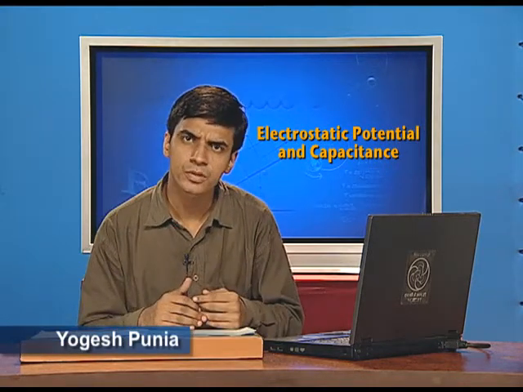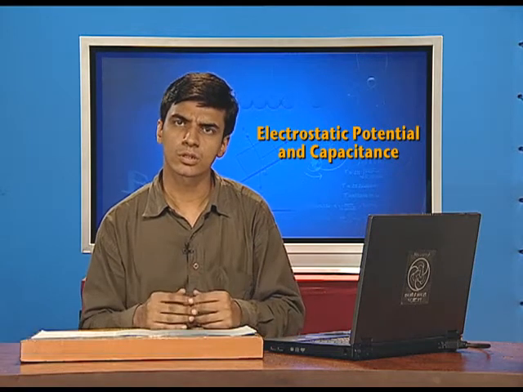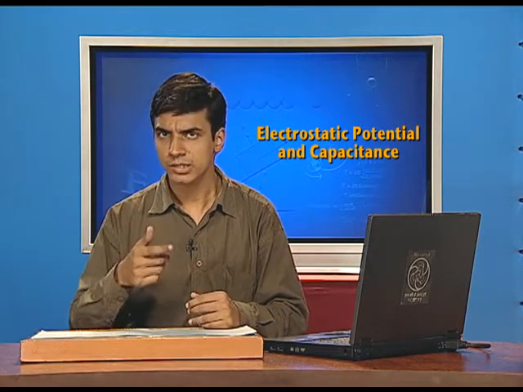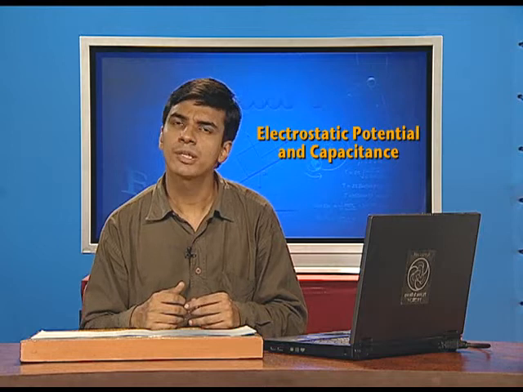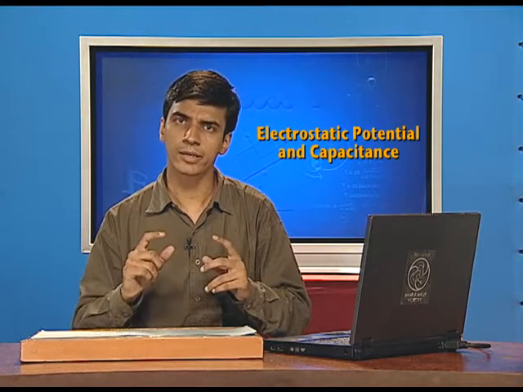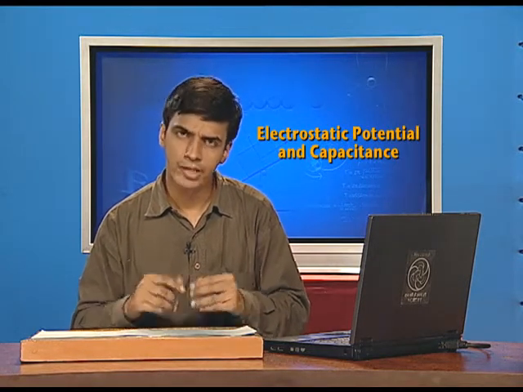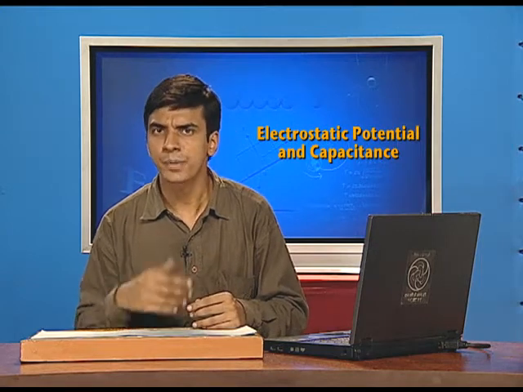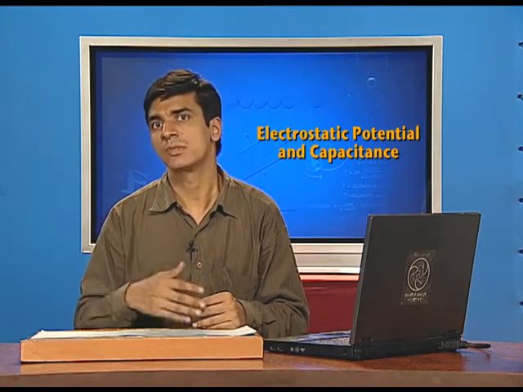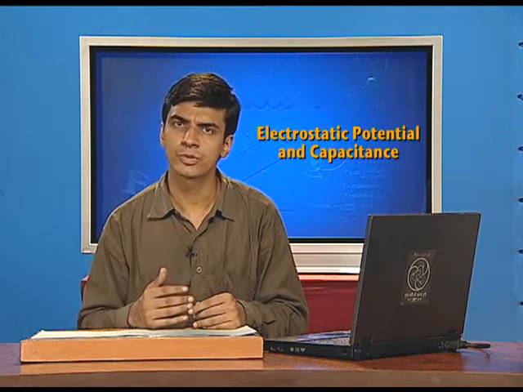In our last episode, while we were dealing with the charges in motion, we discussed what exactly happens when I am moving a charge against the repulsion of a charge of the same sign, say plus q and plus q.